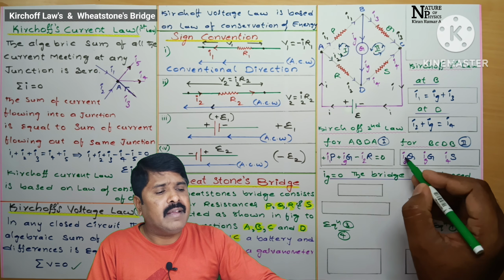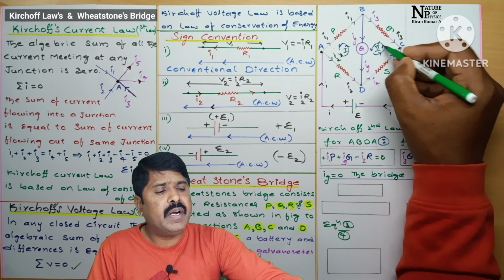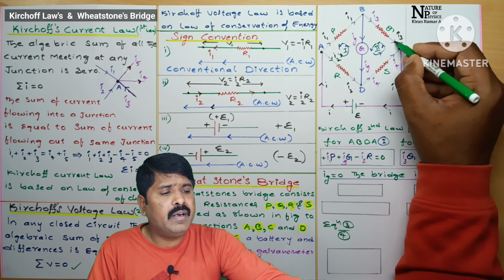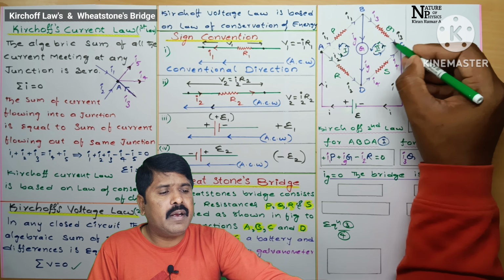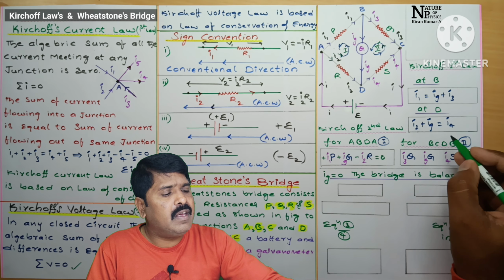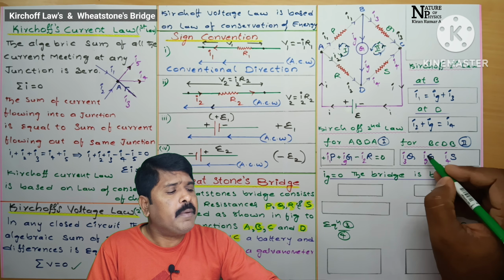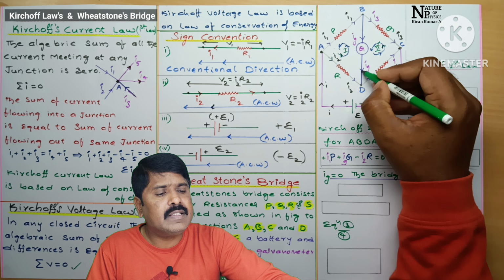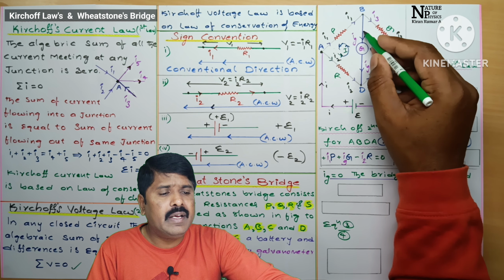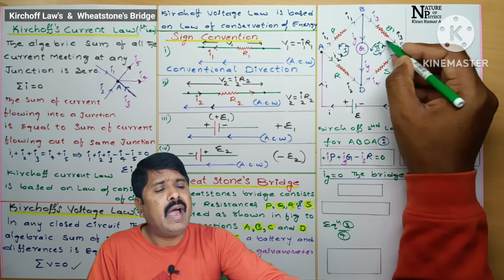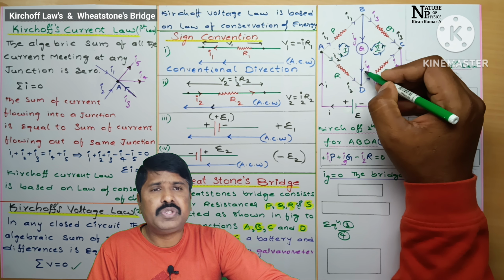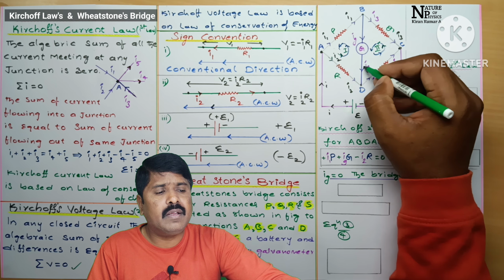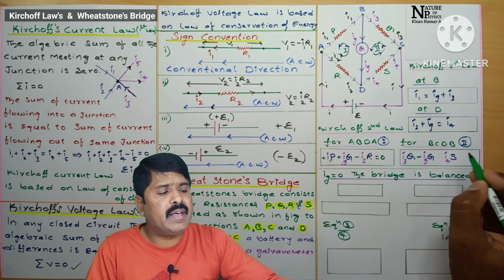And then the I3 current in the second loop: the conventional direction and current direction are in which direction? You can notice, tell me students, that they are in opposite directions. So I3 is considered positive. The galvanometer current IG and the conventional direction are in the same direction. Notice that the galvanometer current IG is in the downward direction, and the conventional direction at the position of the galvanometer is also downward. When the current direction and conventional direction are the same, that current is taken as negative.